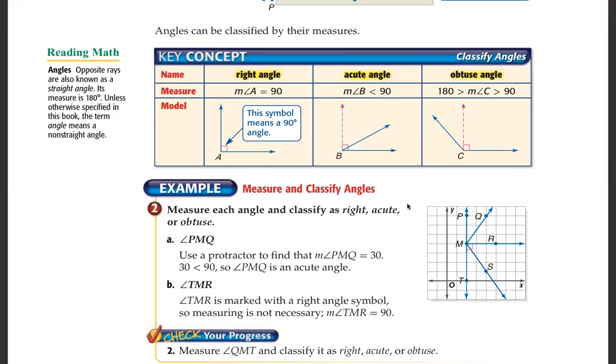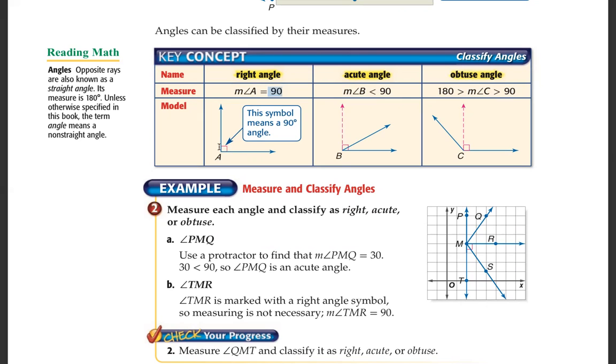We have three classifications: right angle, acute angle, and obtuse angle. These are the three basic classifications of angles. A right angle is when you have a 90 degree angle, or a square. The square that you see on the corner is a symbol that tells you the angle is 90 degrees, even if you don't see the number 90 there.